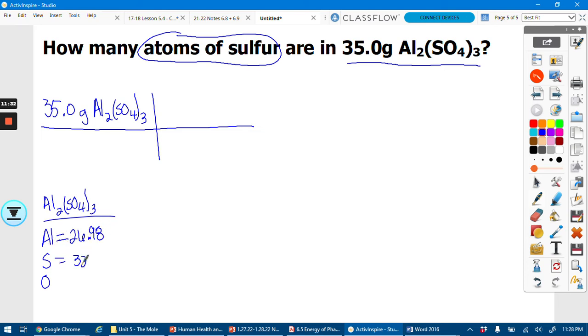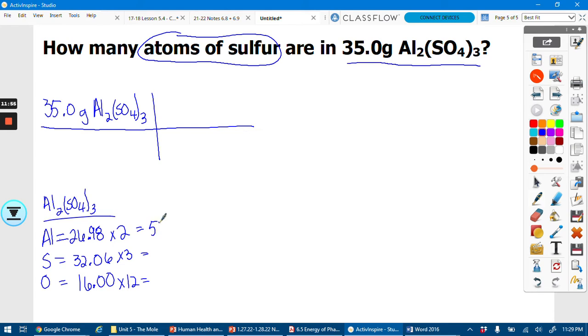Sulfur is 32.06. Oxygen is 16. Multiply by the number of atoms in the formula. So we have 2 atoms of aluminum. Remember that this 3 distributes in. So we have 3 atoms of sulfur, and then 3 times 4, we have 12 atoms of oxygen.